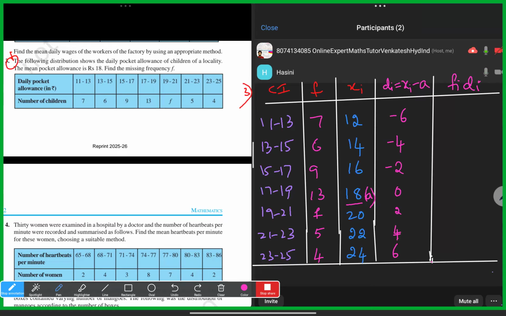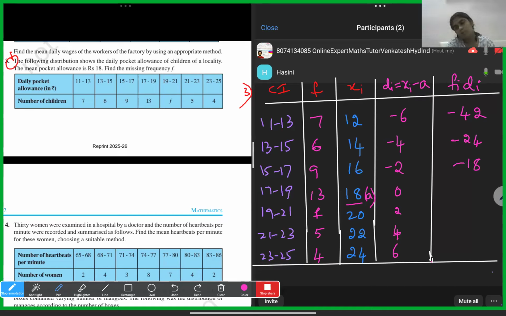Multiply it: minus 42, minus 24, minus 18, 0.